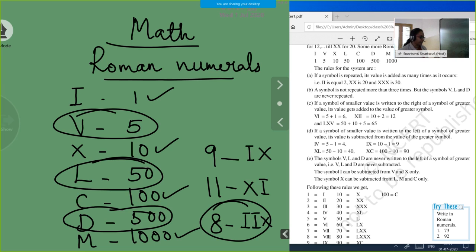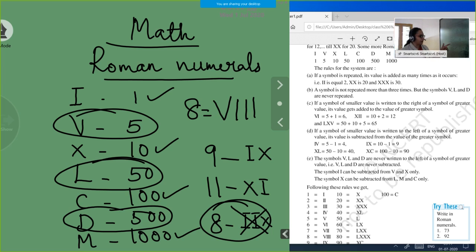So IIX is a wrong Roman number. If you want 8, how to write it? 8 means VIII. We can repeat I 3 times to the right side, but we cannot write I 2 or 3 times on the left side of the Roman number. Remember that properly.